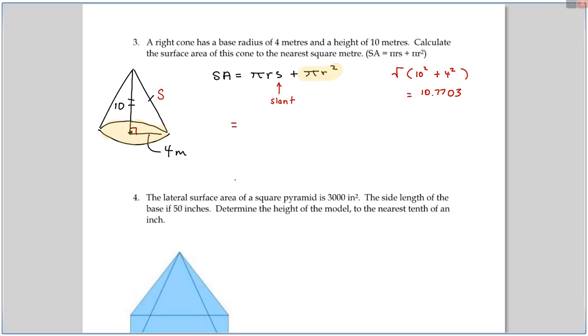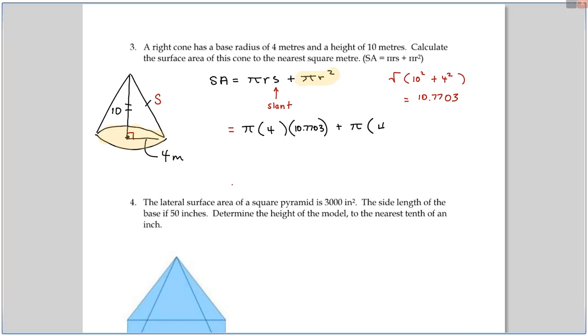Now I can go to my formula. If you did your homework, you realize you use the pi button. Then in your calculator, you can just put pi and then a bracket. The radius is 4 and then a bracket. And I'll put my 10.7703 there. Use the pi button, and then the radius is 4, and then you use the power button to get the 2 up there.